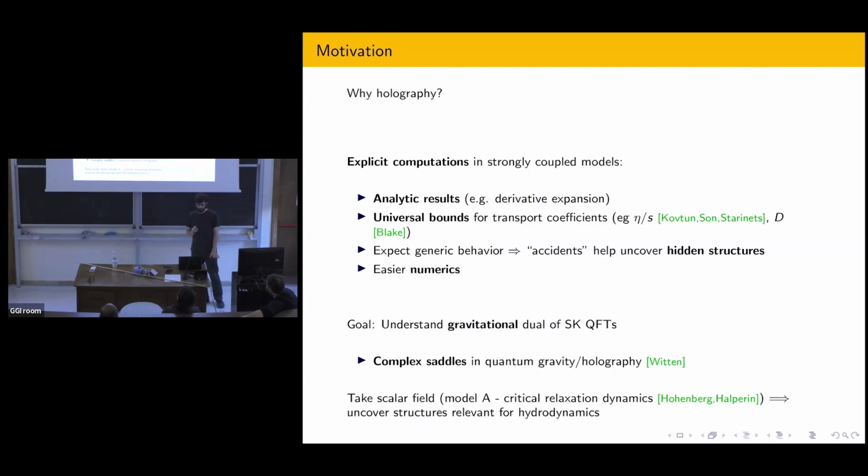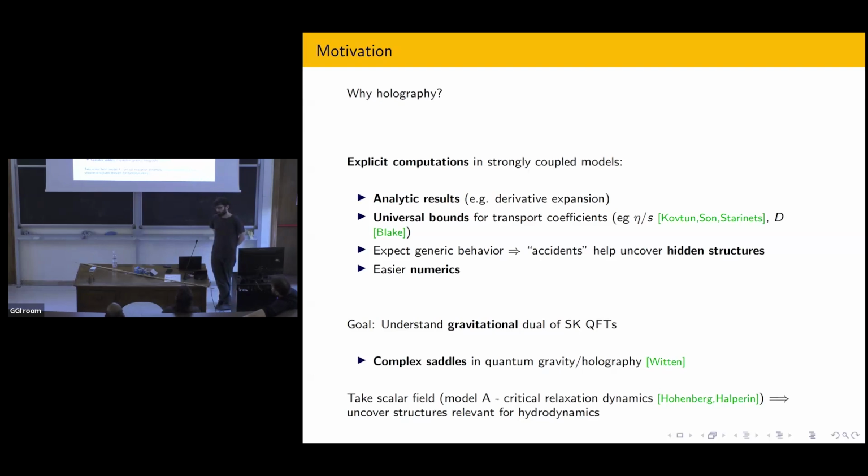Okay, but at least we can do explicit calculations and compute them explicitly, even if they are not universal. Also in holography, we generally expect generic behavior. So everything that is allowed by the structure of hydrodynamics is expected to be there unless there is some hidden reason not to be.